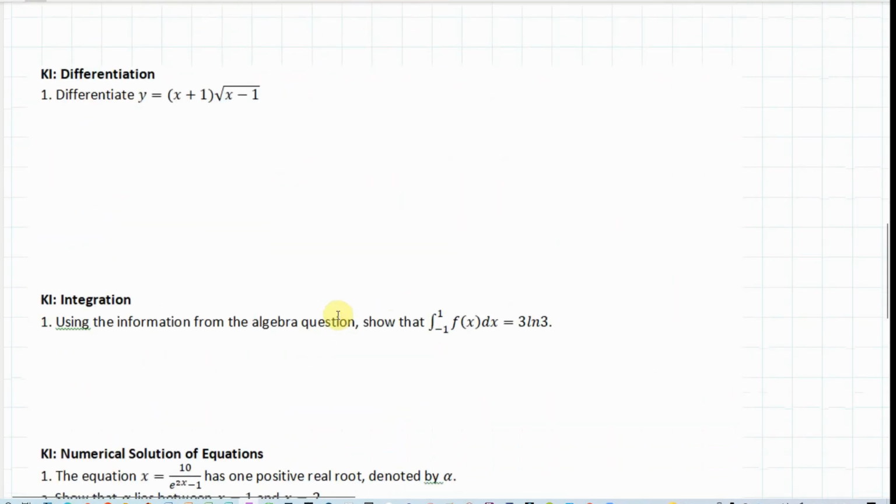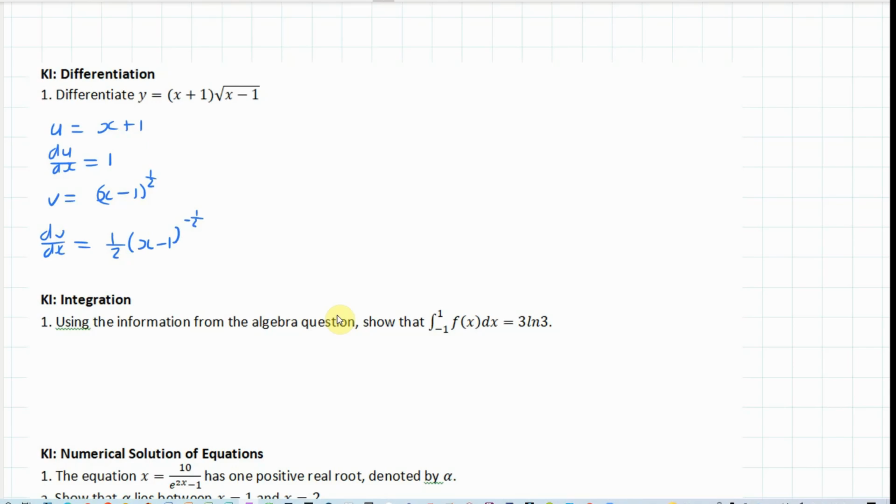Okay, the next one I'm going to differentiate. I'm using the product rule for this. So I'm going to say u is equal to x plus 1, du dx is equal to 1, and v is equal to x minus 1 all to the power of 1/2. And so dv dx is going to be, using my chain rule, 1/2 x minus 1 to the power of minus 1/2. So far so good.